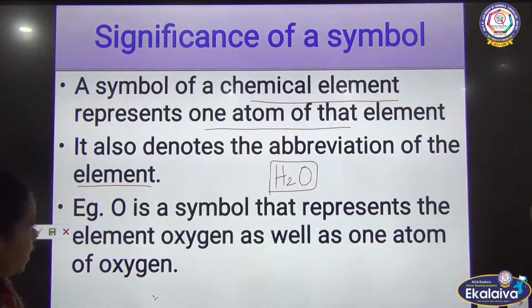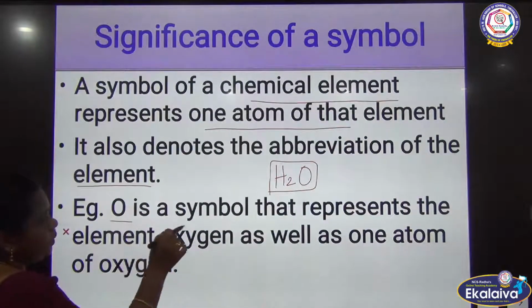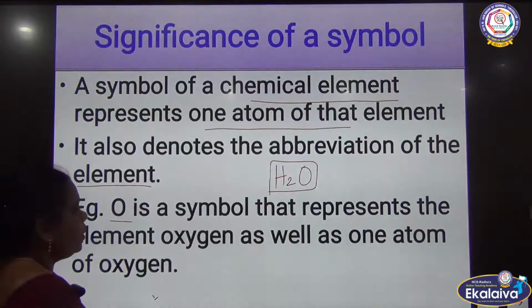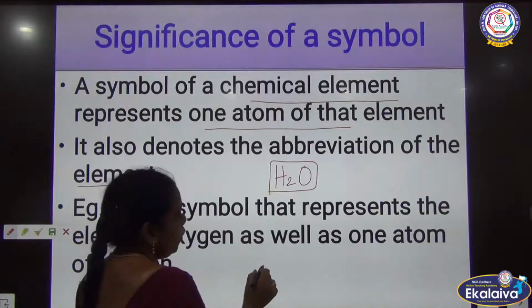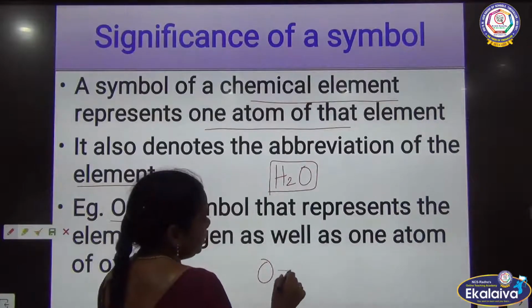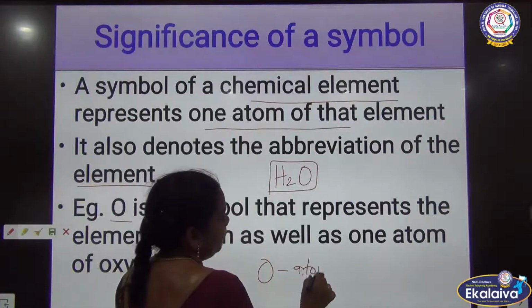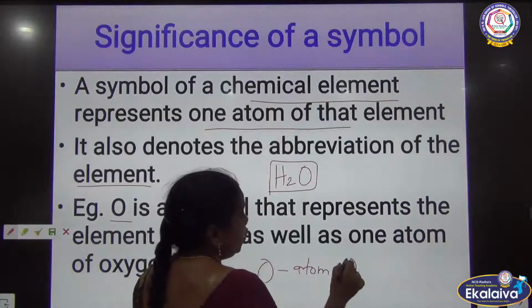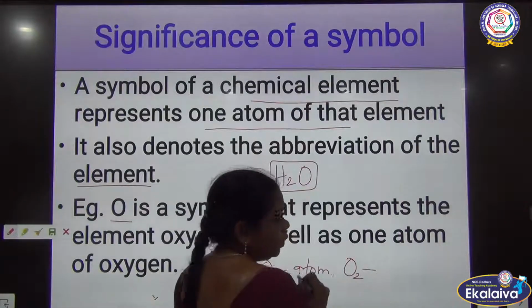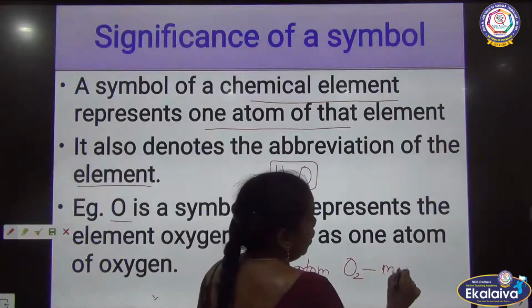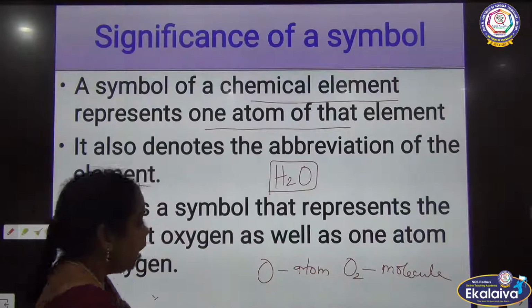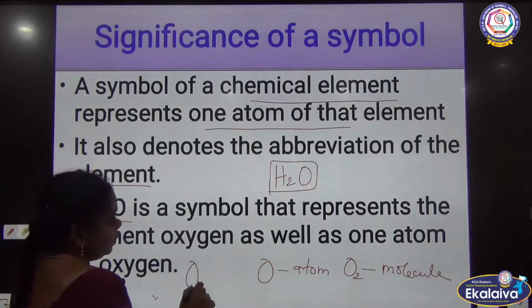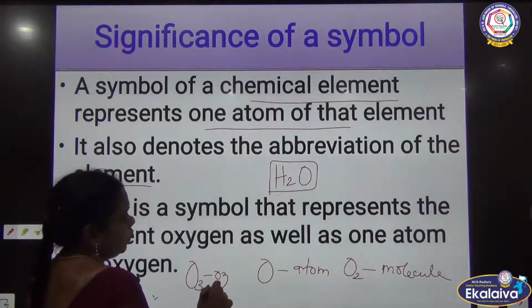And now you can see that O is the symbol that represents oxygen. So O here is an atom, an oxygen atom or element. O2 is an oxygen molecule, and O3 is called what?